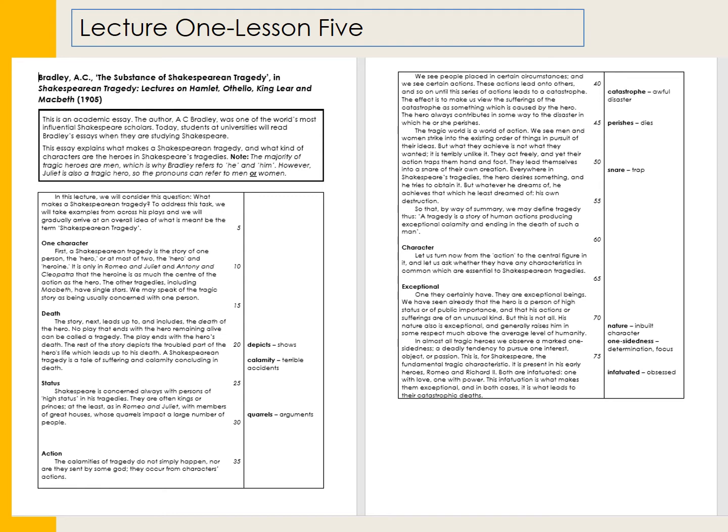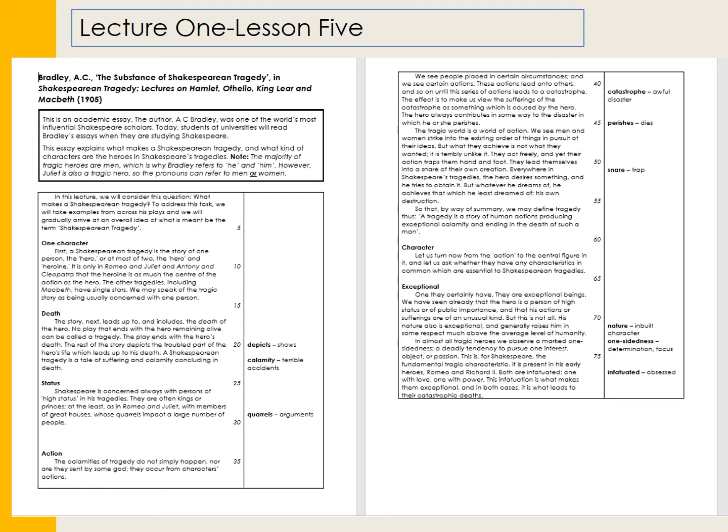First, a Shakespearean tragedy is the story of one person, the hero, or at most of two, the hero and heroine. It is only in Romeo and Juliet and Antony and Cleopatra that the heroine is as much the centre of the action as the hero. The other tragedies, including Macbeth, have single stars.